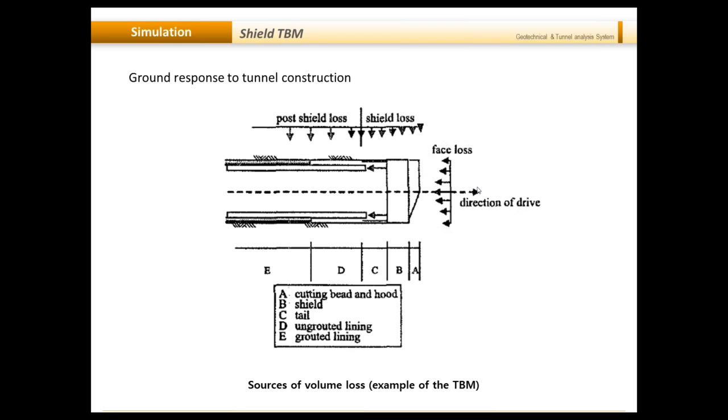First and foremost is the face loss or the face pressure that occurs on the face of the tunnel bore itself, or the cutter head, and then you have the shield loss that is occurring due to the inrush of the soil or the rock strata onto the shield members. And once the machine moves forward, you have the grouting member and the permanent lining, so the deformation of the soil that continues to occur after that also is to be accounted for.